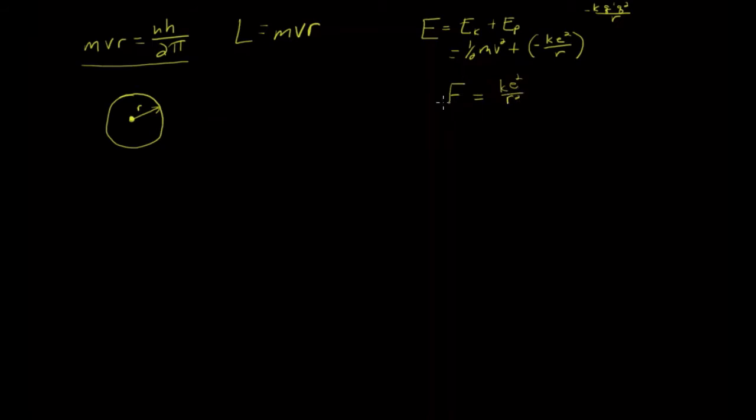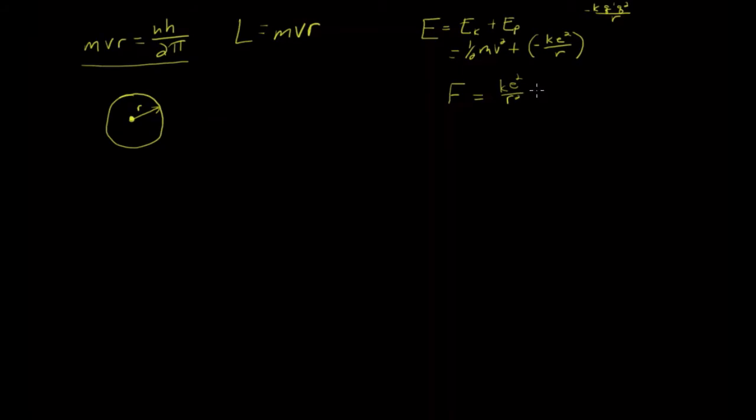I believe this is in the data booklet. I can't remember if it's in the SL portion of the data booklet or the HL, but it's there. This is available to us in the data booklet, I'm very sure.